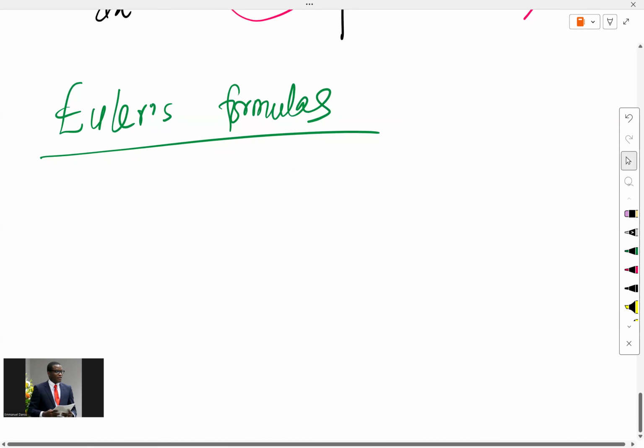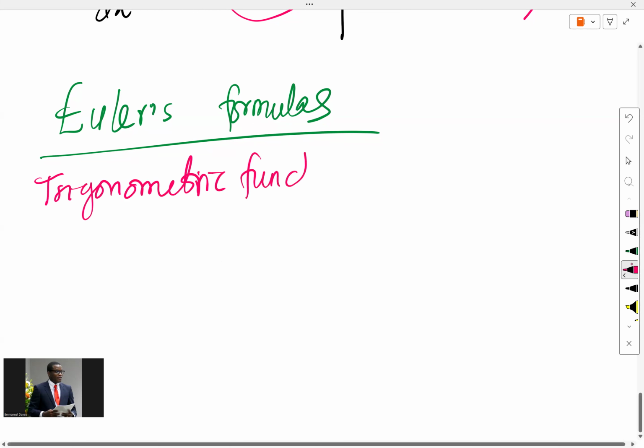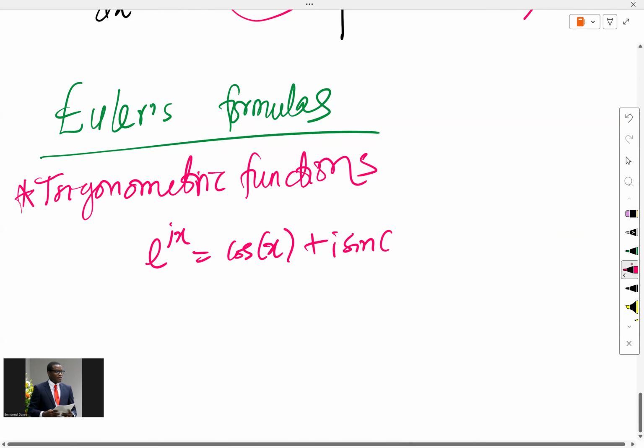So Euler's formulas. I think I've adopted this style of having this header in a different color. Talking about trigonometric functions, we have that e raised to power ix is equal to cos x plus i sin x.